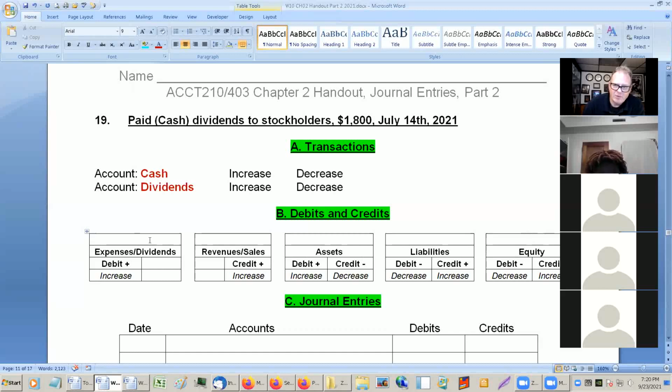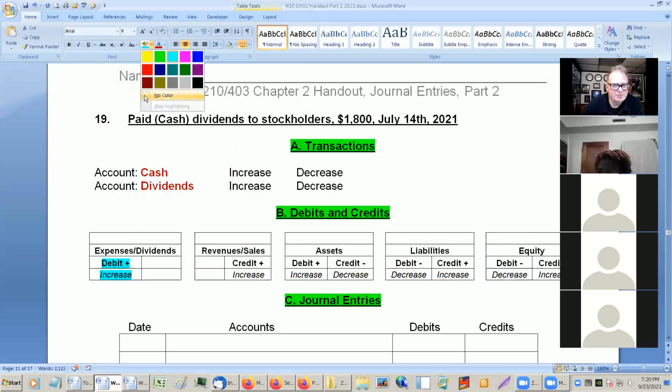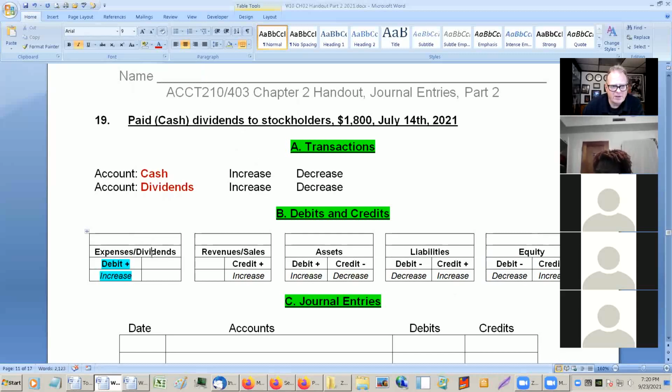Some of them will show them as being a positive. Now, in both cases, it's the same. They're debits. I used to not like this way, but I think it's maybe a little bit more direct way to think about it. But anyway, for us, dividends, debits.